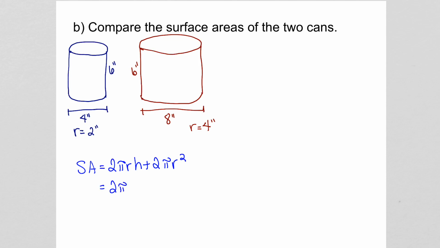So 2 pi, 2 inches times 6 inches, plus 2 pi, 2 inches squared.